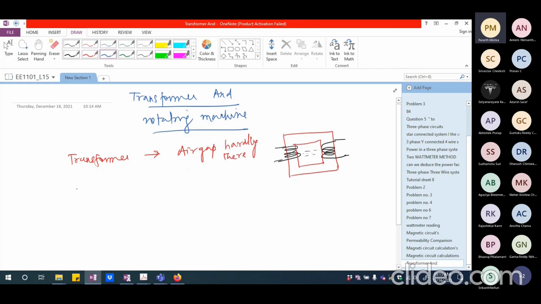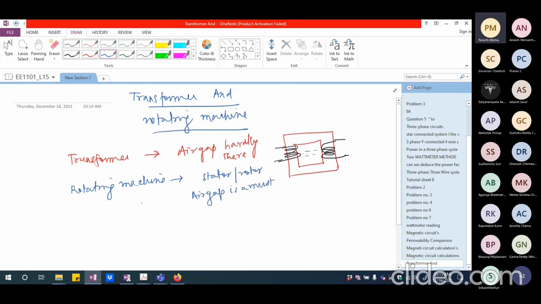Whereas if it is a rotating machine, I necessarily need to have a gap between the stator and rotor. Otherwise, the rotor will not be able to rotate. So an air gap is a must between the stator and rotor.